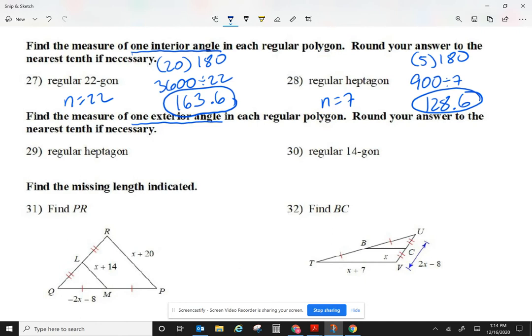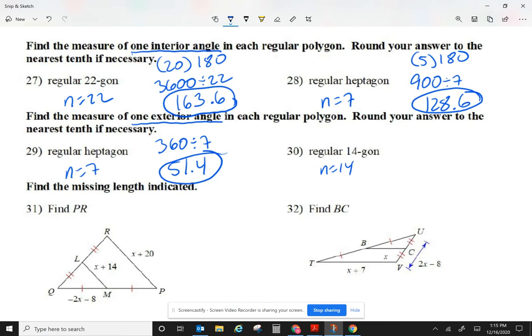So regular heptagon, that means there's 7 of them. I said all of them is 360, so I'm just going to say 360 divided by 7. It is equal to 51.4. I rounded my answer to one decimal place. For regular 14-gon, that means there's 14 of them.